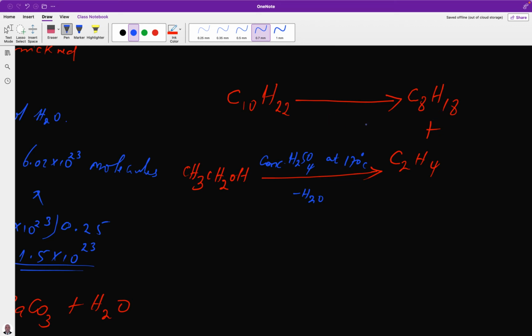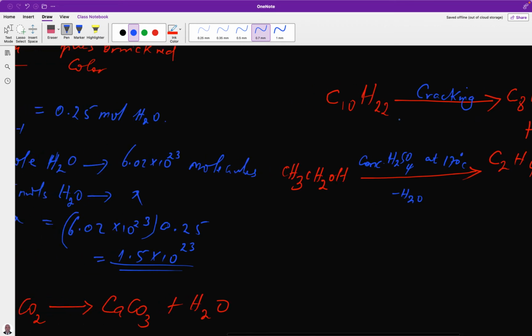And this is this. So here, what will usually happen is cracking. Usually thermal cracking, which will result in these two. So cracking is another method we will use to produce lower alkanes and alkenes.